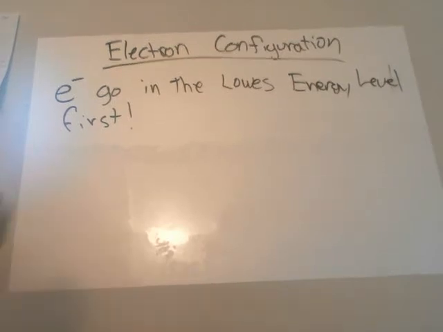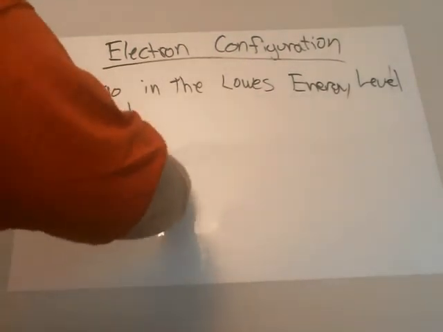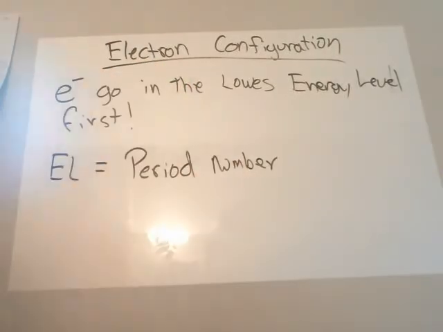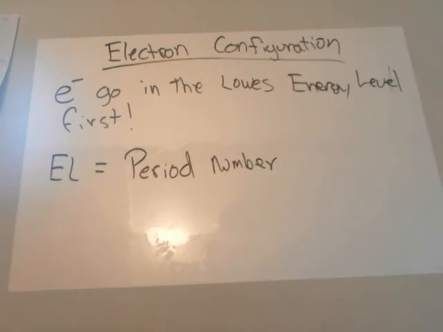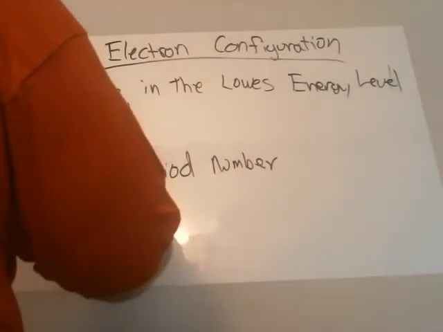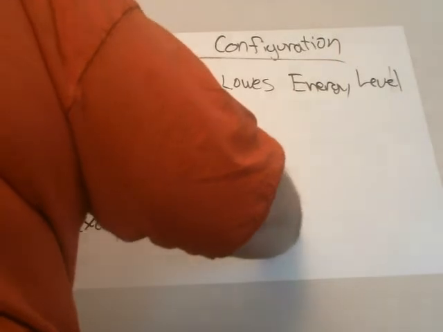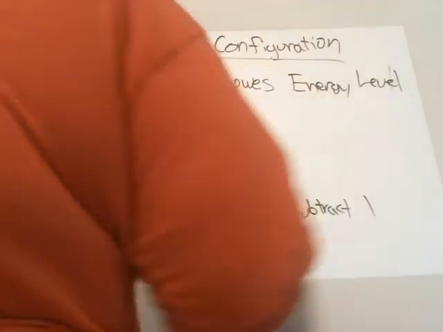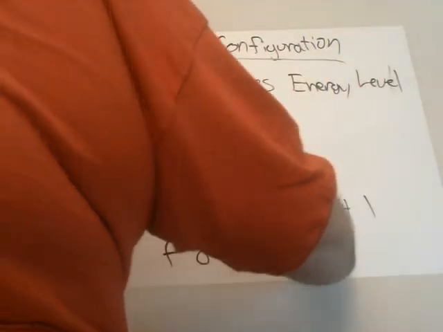An energy level equals the period number. Except d orbitals, subtract 1, and f orbitals, subtract 2.